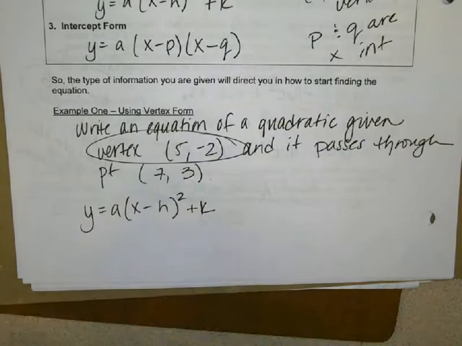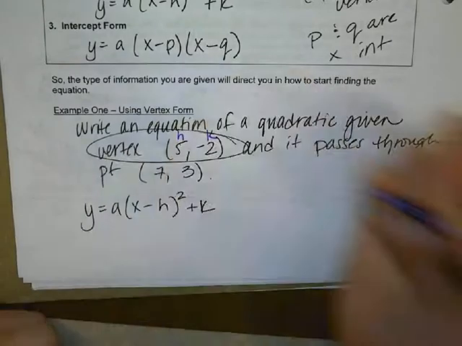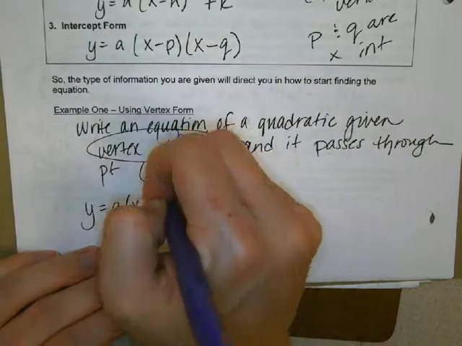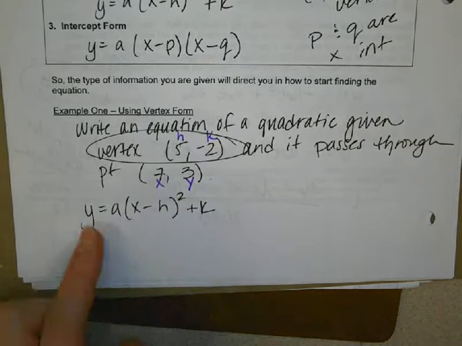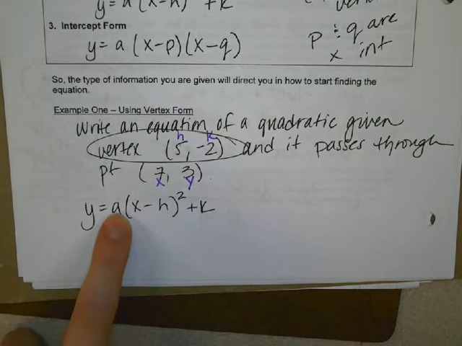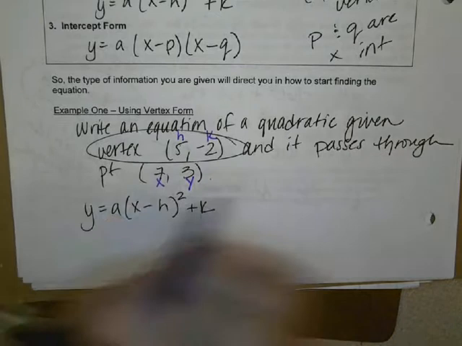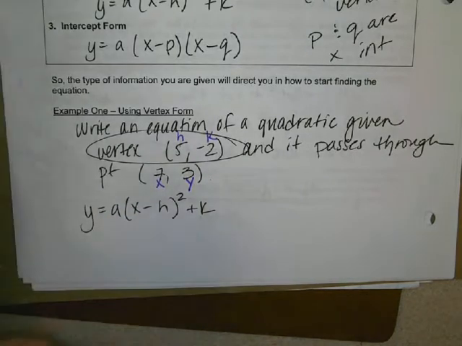The vertex is my h and my k. The point is just my random x and y. So I have h, k, and an x and a y, and I'm going to plug those four values in and solve for my missing value, which is a, and then we're going to rewrite at the end. You did something very similar to this when we did absolute value functions, so it should be familiar.